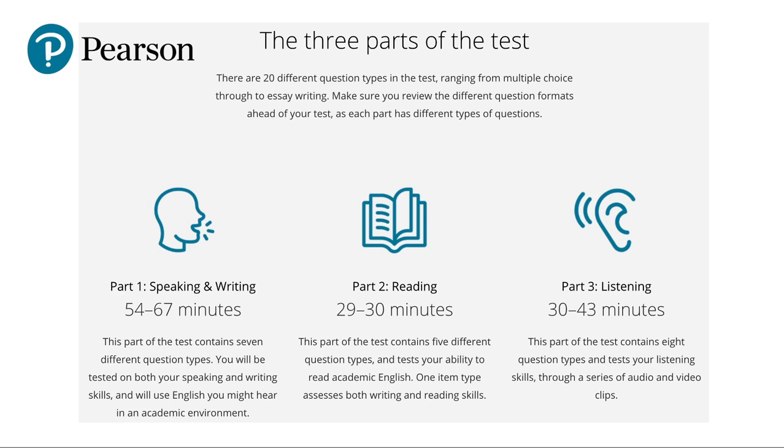It is important for you to understand how each one of these sections is evaluated. During the lessons that you're about to take, you'll be able to look at the core of each of these sections and their question criteria. Alright, part 2 evaluates reading, and this is about 29 to 30 minutes. This is a very concrete part of the exam, pretty strict and to the point.